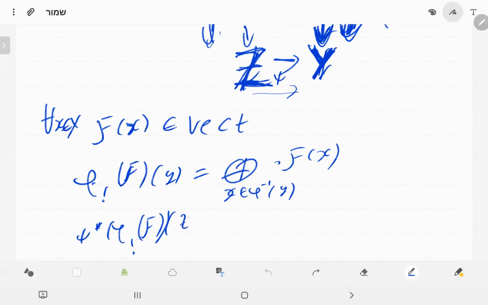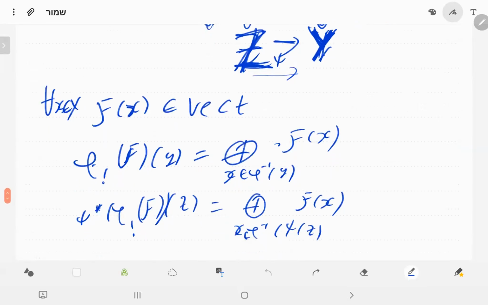At point z, it's again the same direct sum, but now x is not in the fiber of y, but in the fiber of psi of z, of F of x. So this is the first composition.